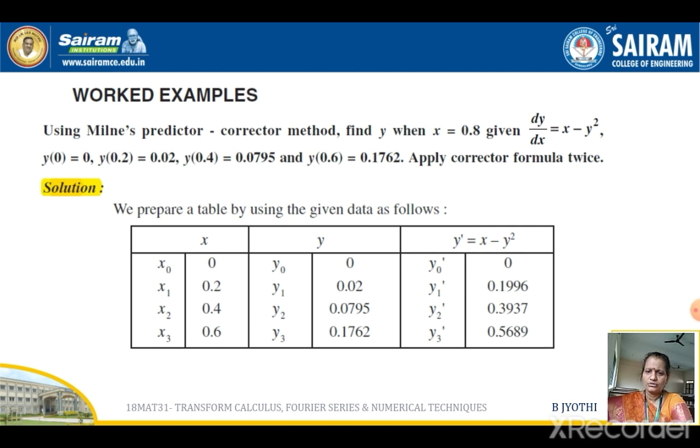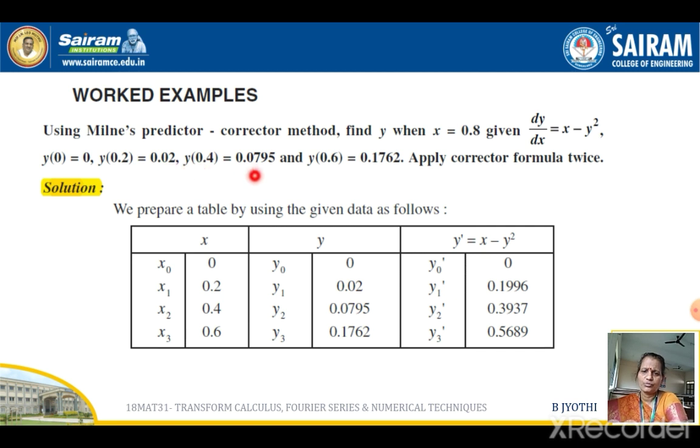Let's see the first example. Using modified Euler's method, solve the initial value problem given by dy by dx as x plus y. The initial condition is y of 0 is 1, at x equals 0.2 by taking h as 0.1, that is, the step value is 0.1.